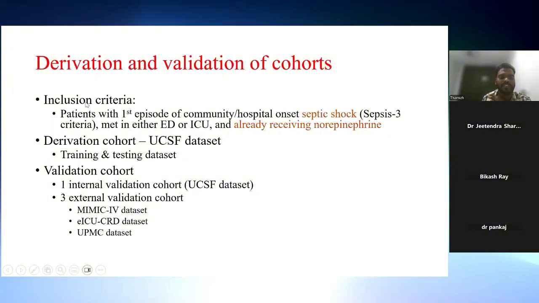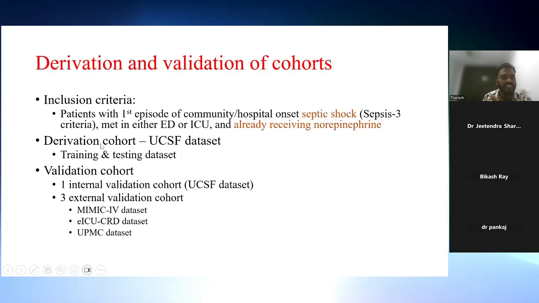Before that, which patients did they include? In the inclusion criteria, they included patients with a first episode of community-onset or hospital-onset septic shock, in either the ICU or ED, who were already receiving norepinephrine. In the derivation cohort, they used the UCSF dataset, the University of California San Francisco dataset, with training and testing datasets.